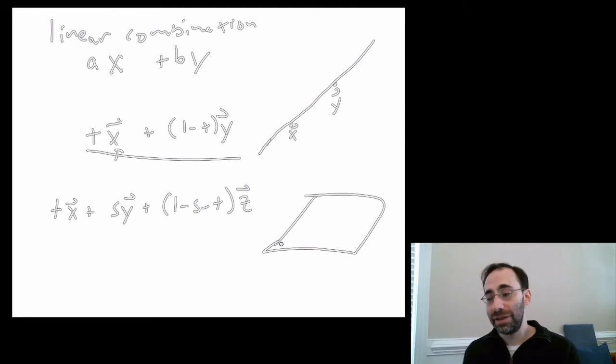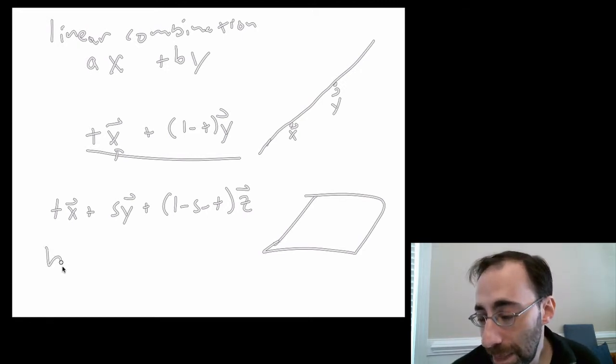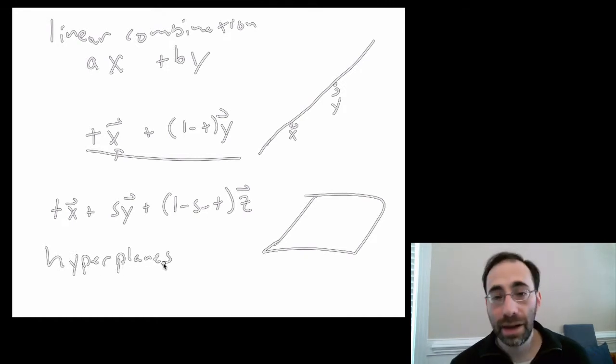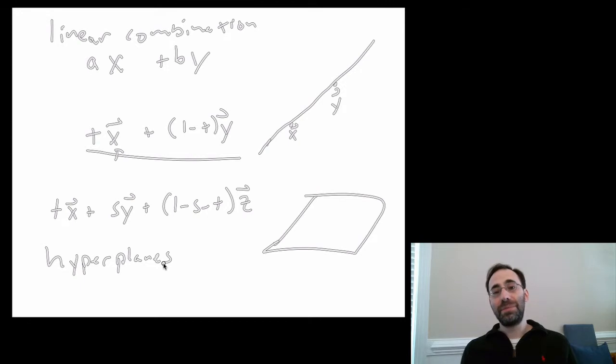You can keep going with this. If you have 4 vectors that are 4-dimensional, you can make a combination to get a 3-dimensional object. We call all these things hyperplanes. A hyperplane is just a space of 1 fewer dimension than the overall space you're dealing with. So here a line has 1 fewer dimension than a plane.